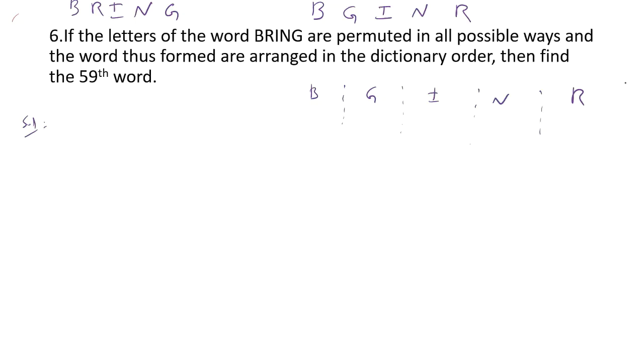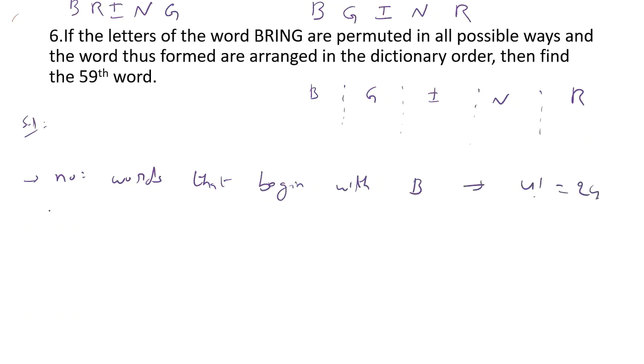Now we have to look for the 59th word. Now let us see how many words are there in each page. Since we have 5 letter words, number of words that begin with B is going to be 4 factorial, which is 24.